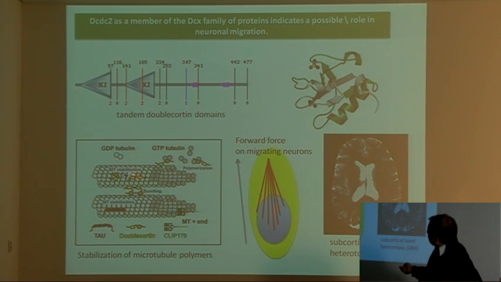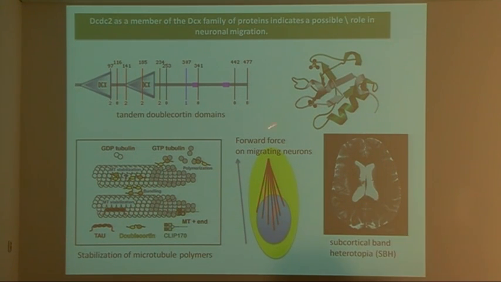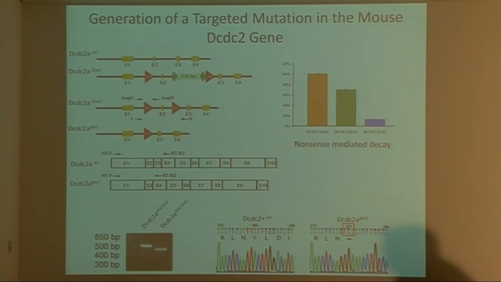It also binds to microtubules in the same way that DCX does. And it had some evidence for being involved in migration. We did an RNAi study showing it could be involved in migration. And so that was the reason that we chose this gene to do a standard reverse genetic approach first.